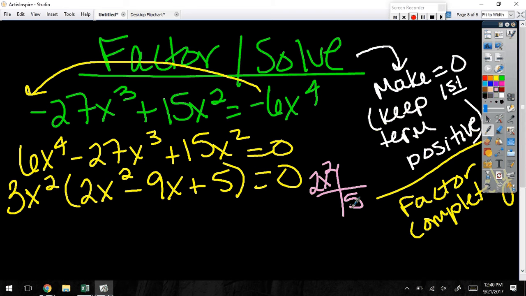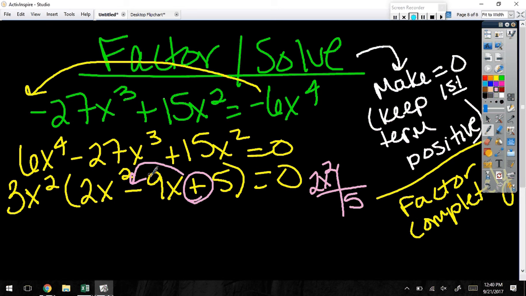Uh-oh, speed racers. What's wrong? It's not factorable. Do we all see that? The signs have got to be the same because this is a plus. 2 times 5 is 10, but 2 plus 5 is 7. 10 times 1 is 10, but 10 plus 1 is 11.